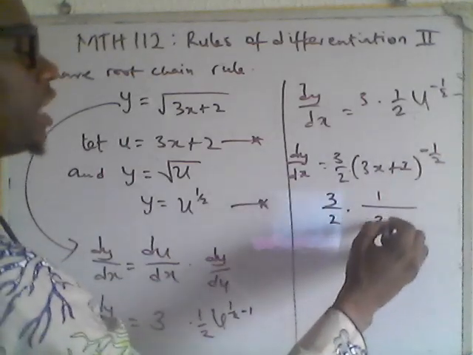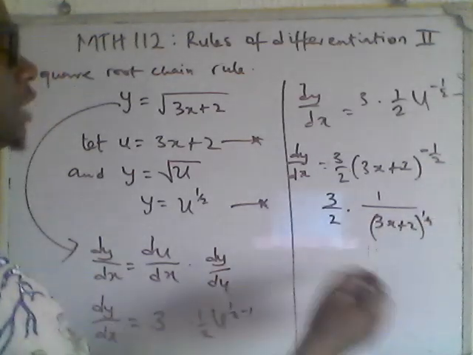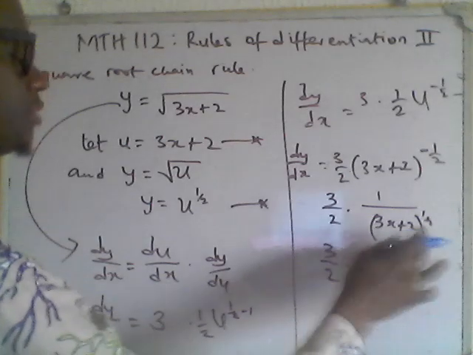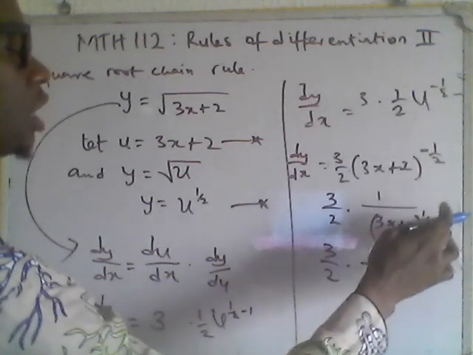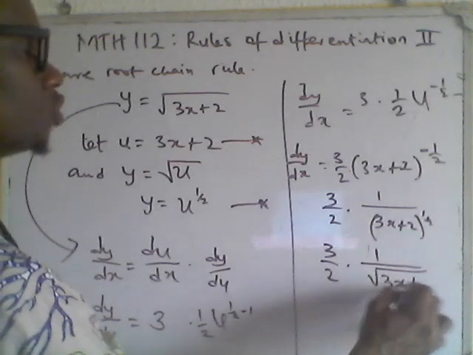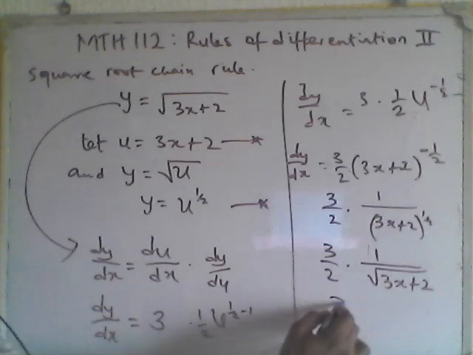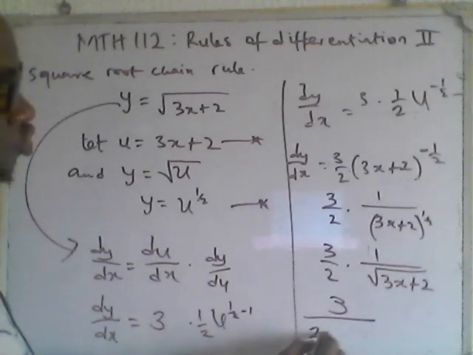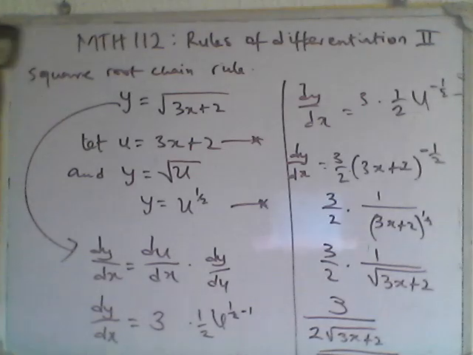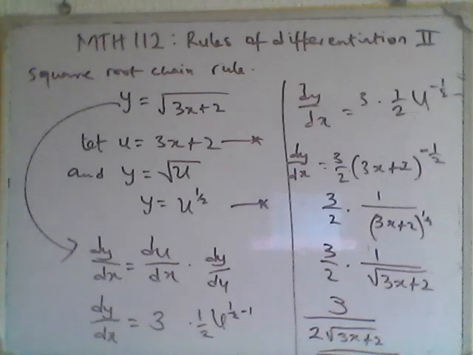So it is 3x plus 2, then raised to the power 1 over 2. Again, 3 over 2 times 1 over, this power here, power half, is square root. Then 3x plus 2. So the final answer looks like this: 3 all over 2 root 3x plus 2. So this one is the differential of this.